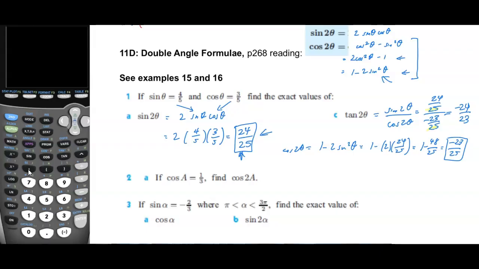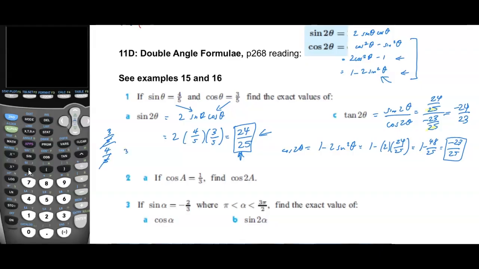Okay, did you know that if you have two fractions like that, you can cancel out the denominators? The reason why is because 3/5 divided by 4/5 is the same thing as 3/5 times 5/4, and the 5s cancel out, right? And you end up with 3/4. So that's what we did here.